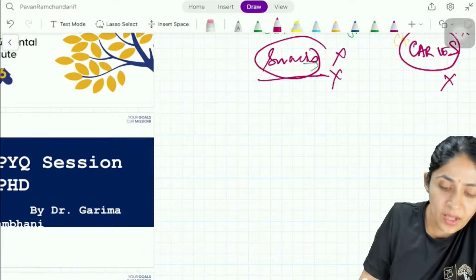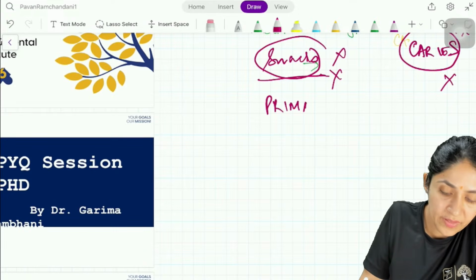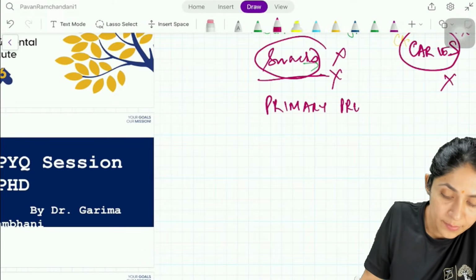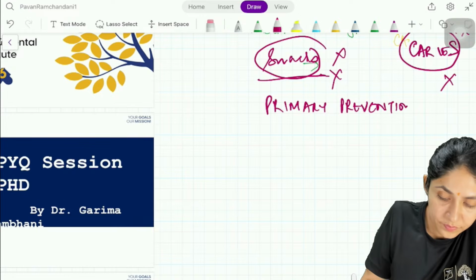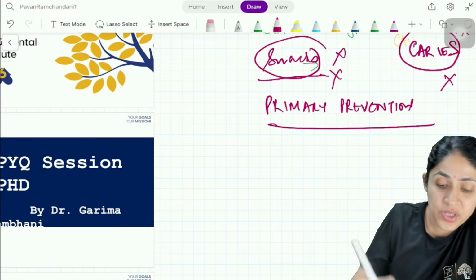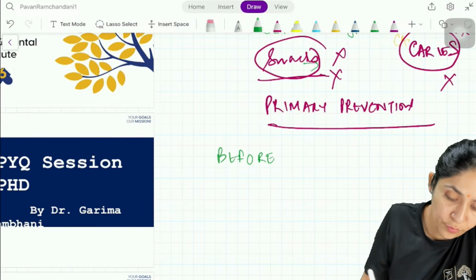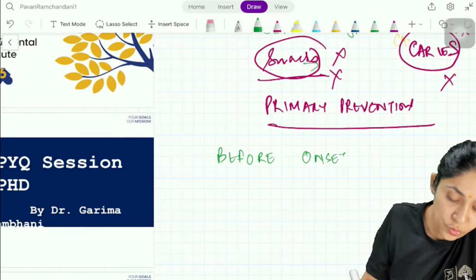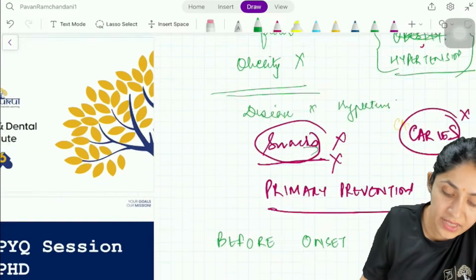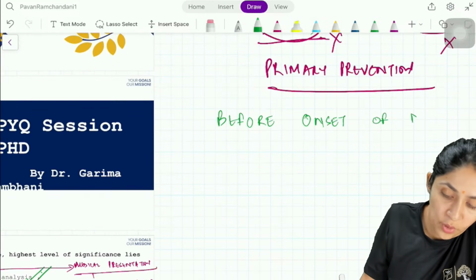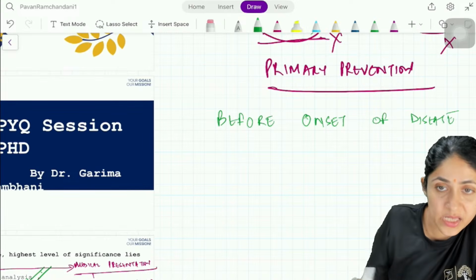Now coming to what is primary prevention. Primary prevention is basically when you take an action before the disease occurs, before the onset. Here you prevent the risk factors from occurring. It is before the onset of disease, before disease has started.